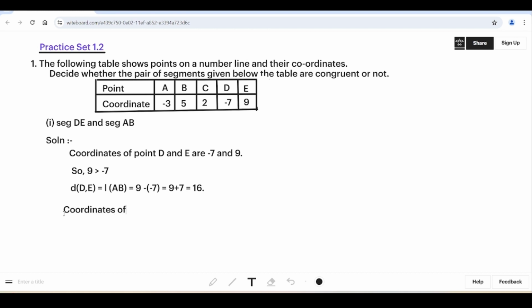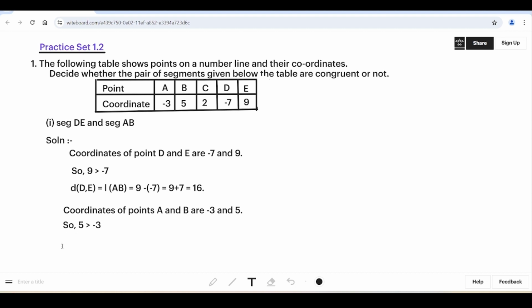Now similarly, we will also calculate the length of segment AB. The coordinates of points A and B are: A has a coordinate -3 and B has a coordinate 5. So 5 is greater than -3, right?